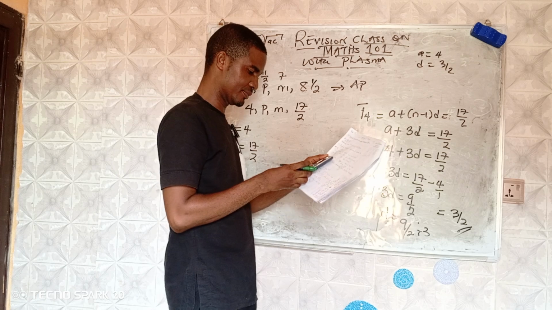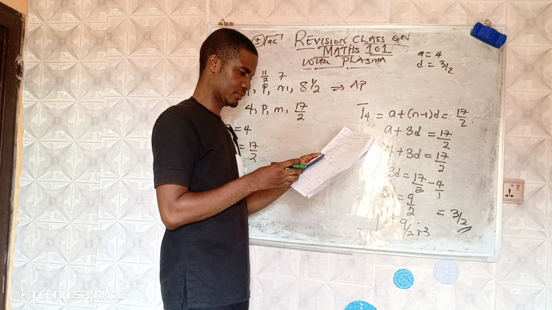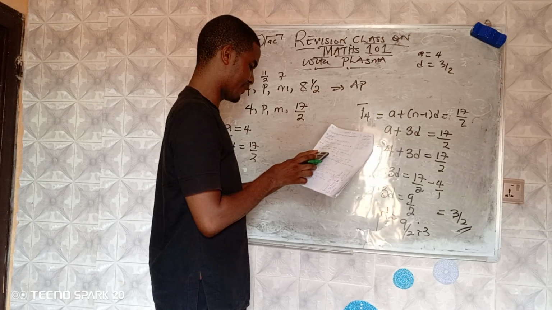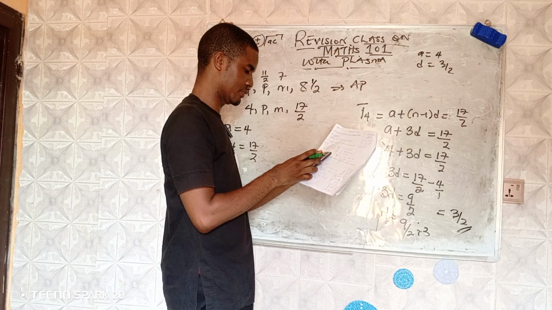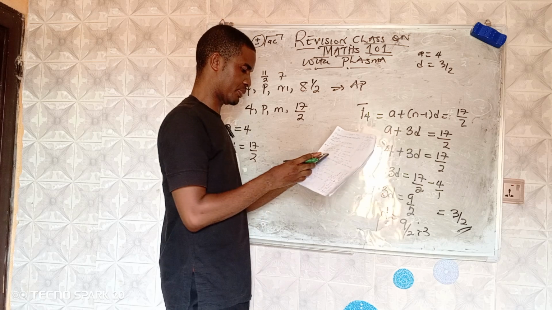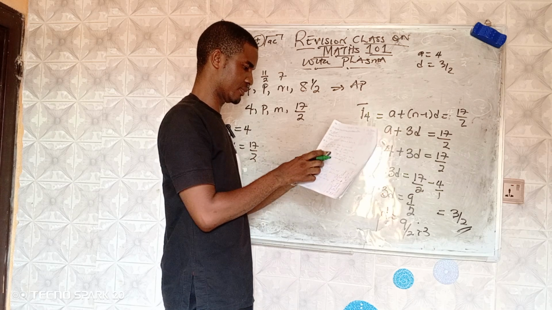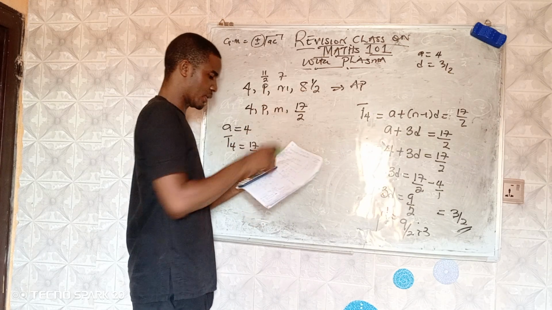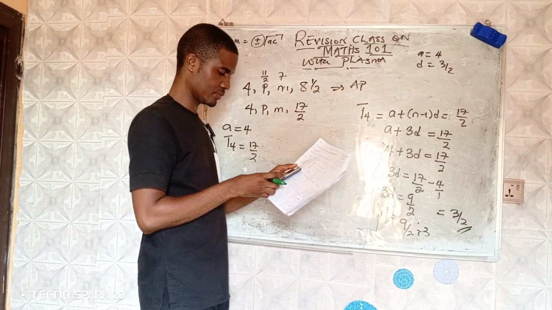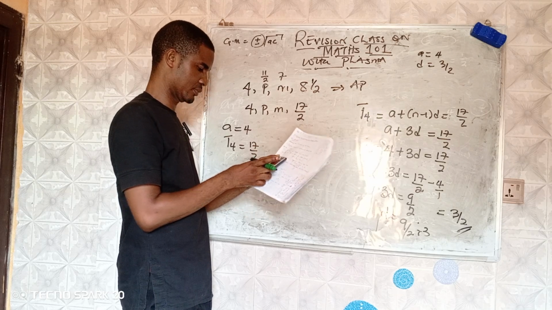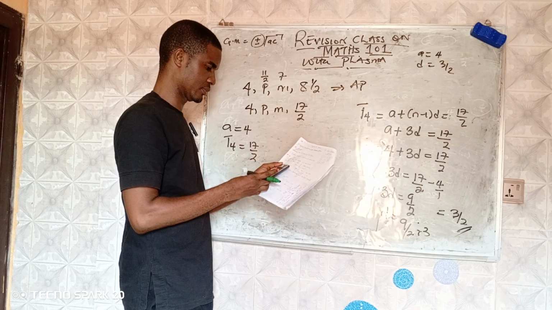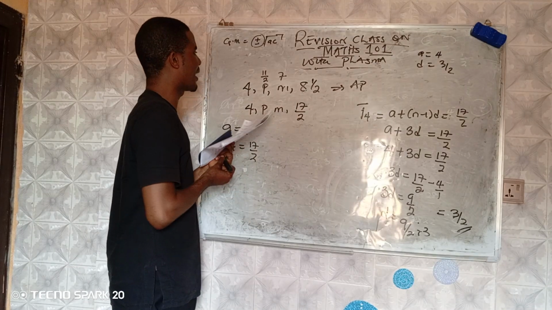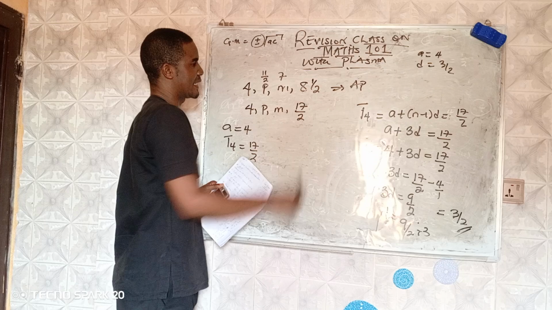Then 7 plus 3 over 2 is 17 over 2. You see that therefore the value of my P is this and the value of my M is that.